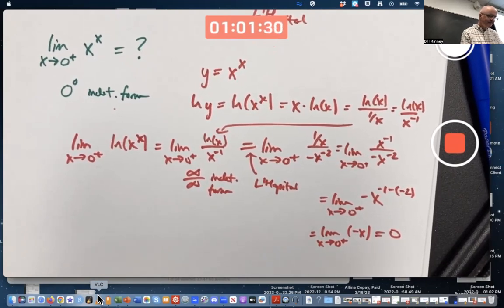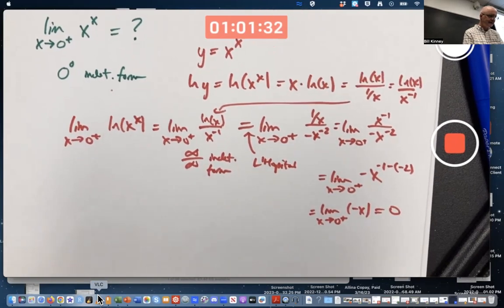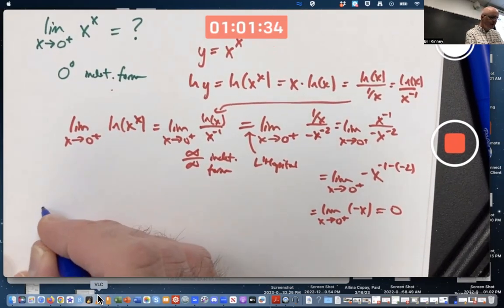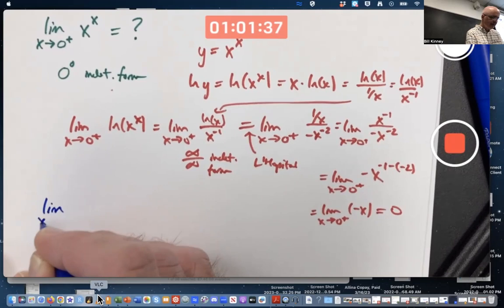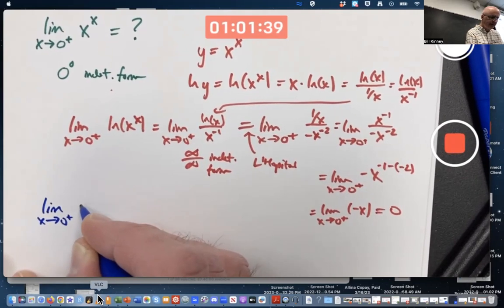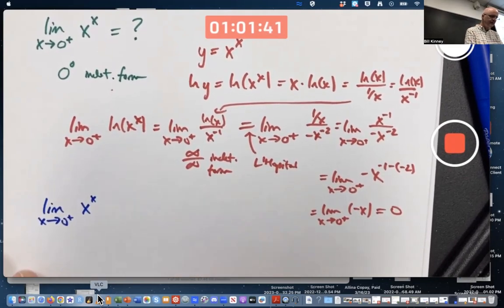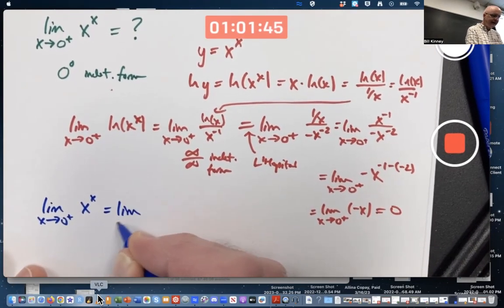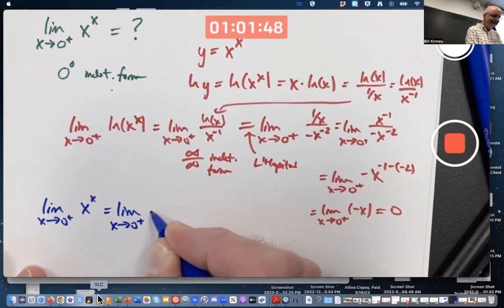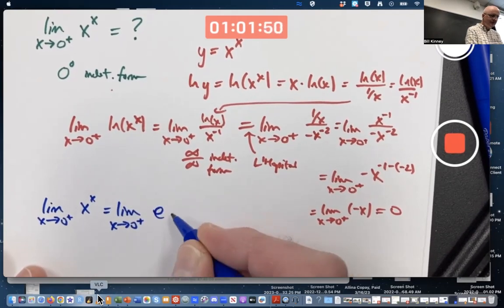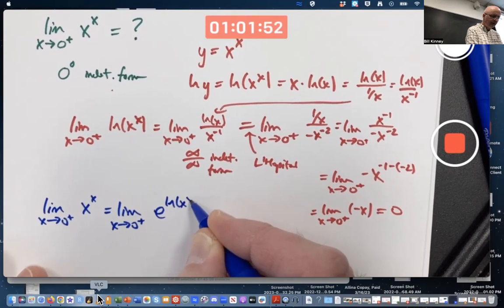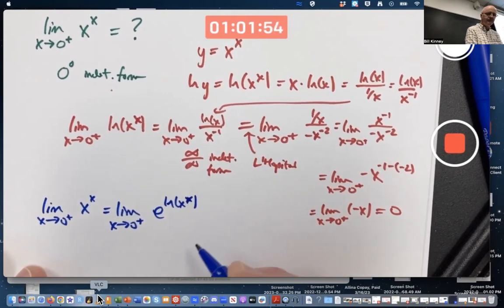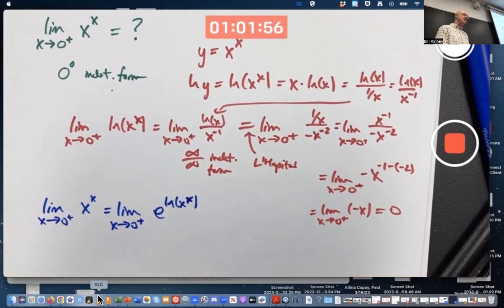How do you write that? Let's see. This is a little fancy, but you could write it this way. You could say the limit that we're after, the limit as x goes to 0 from the right of x to the x power. Rewrite x to the x power as e to the natural log of x to the x power. That's certainly true. E to the natural log of a number is the number.